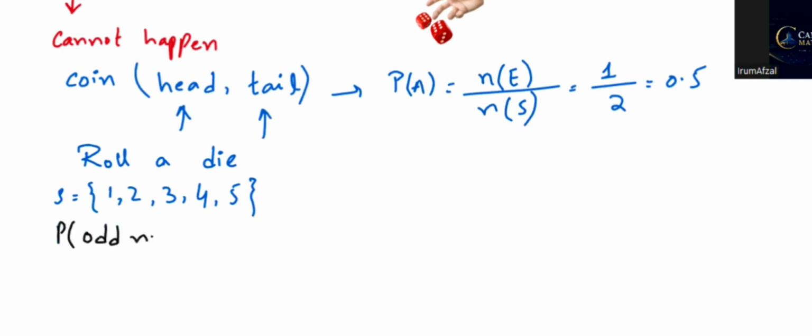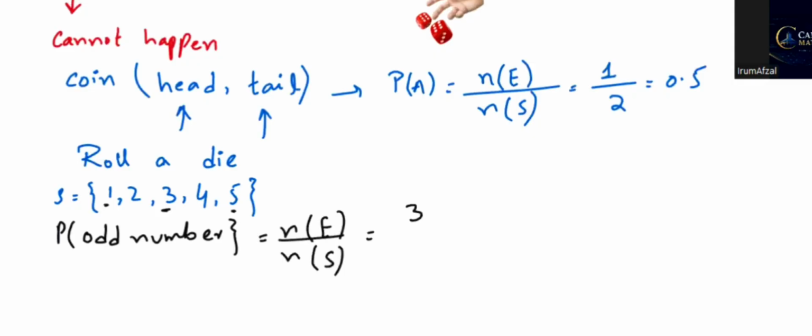So we will see how many odd numbers we have in this category. We have 1, 3, 5. These are odd numbers. So how many odd numbers do I have, divided by the total number of possible outcomes. 3 are the odd numbers, and how many total numbers do we have? 6. So we can write this as 1 over 2 if I simplify.